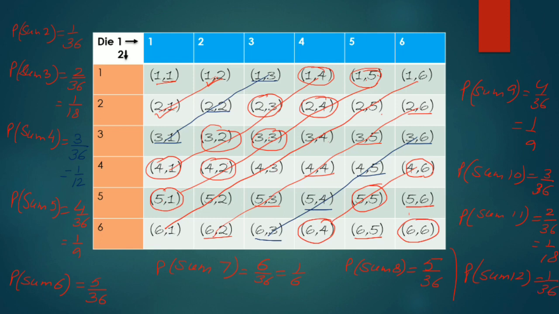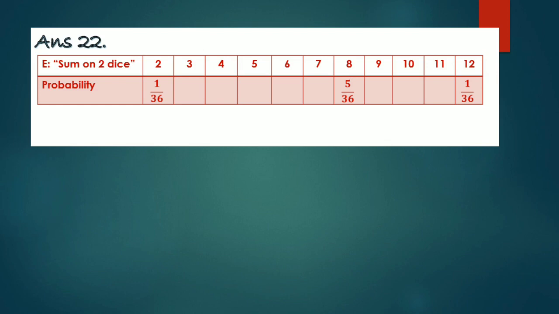I hope you are clear how to fill the blanks in the question. So let's do that. The probabilities are 1 by 36, 2 by 36, 3 by 36, 4 by 36, 5 by 36, 6 by 36, 5 by 36 is given, then 4 by 36, 3 by 36 and 2 by 36.